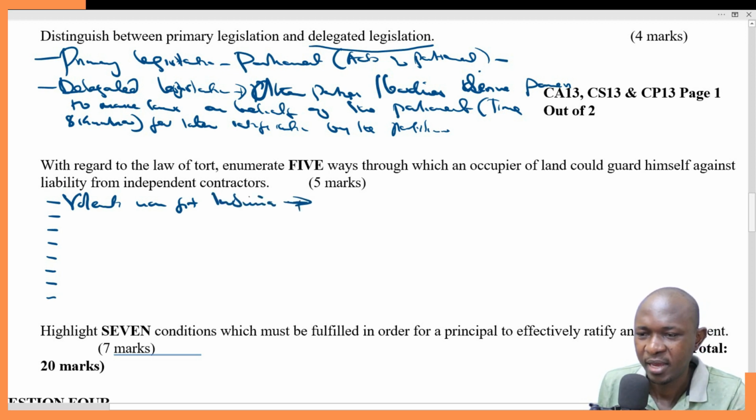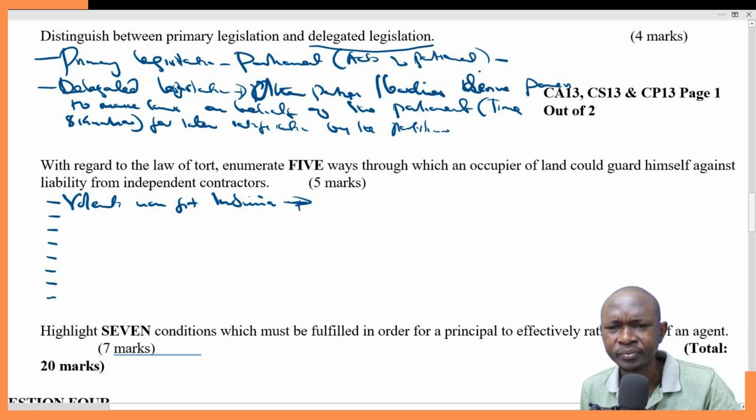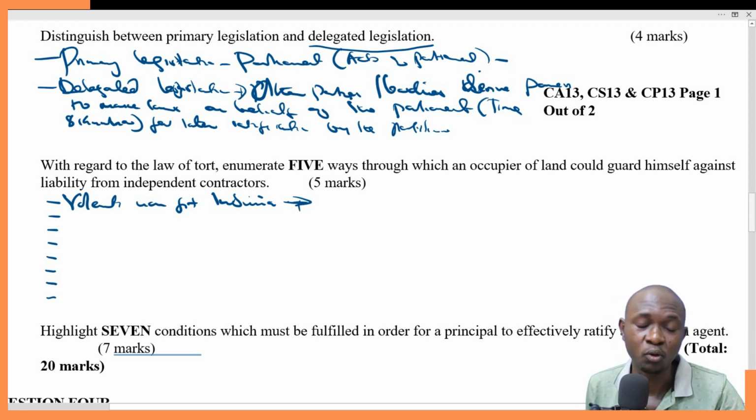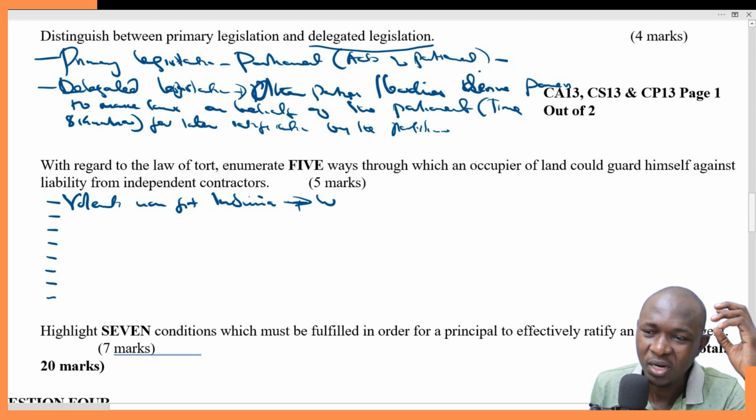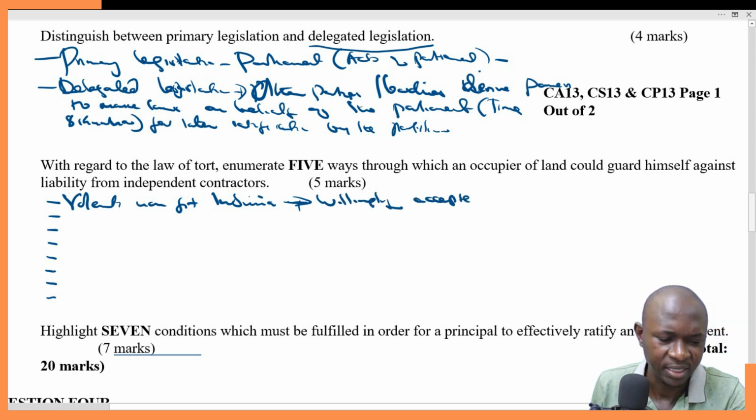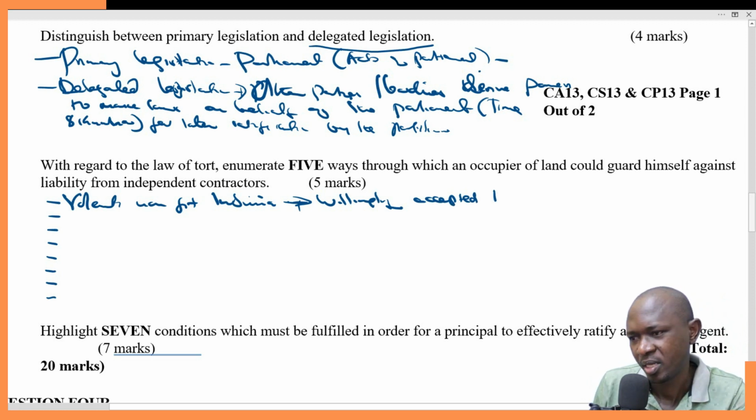And this is where you say that the client or the contractor knew of the risk and willingly accepted the risk and harm.